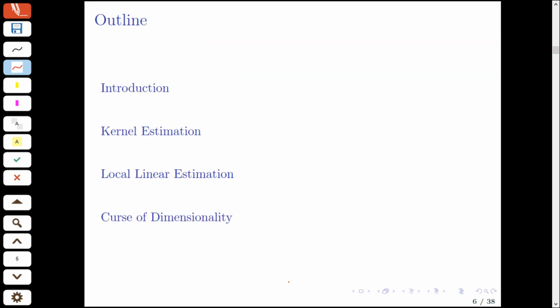So having given this introduction, the rest of the talk aims exactly for this goal. We'll develop various nonparametric estimation methods, focusing on what's known as kernel methods. We'll start by introducing the kernel estimator, also known as the Nadaraya-Watson estimator, and then look at a close cousin thereof, known as the local linear estimation method.